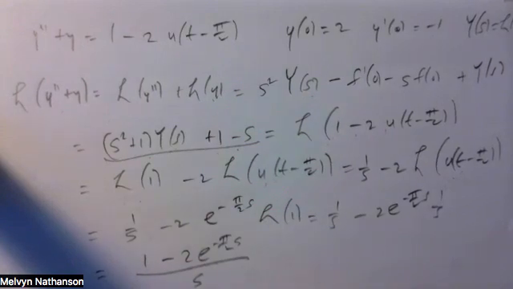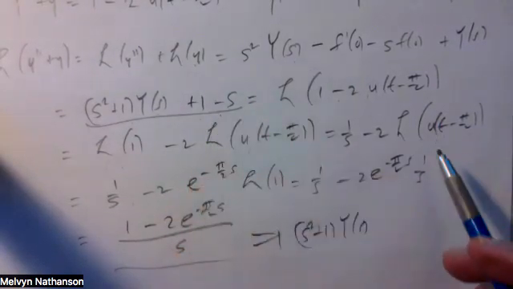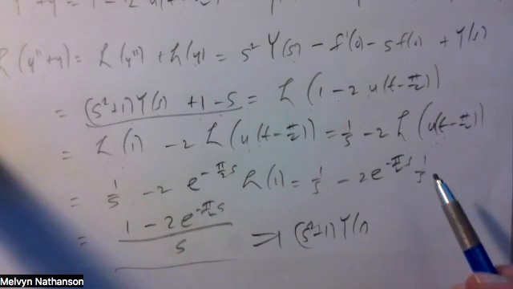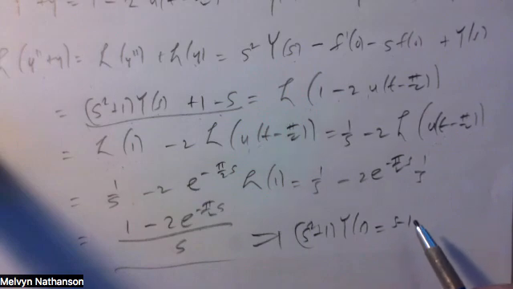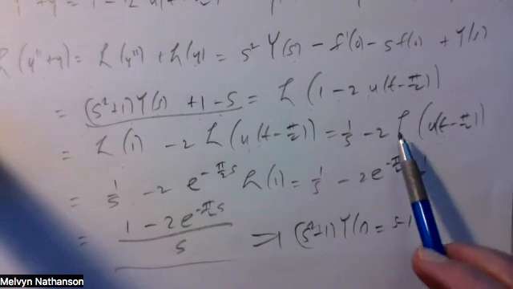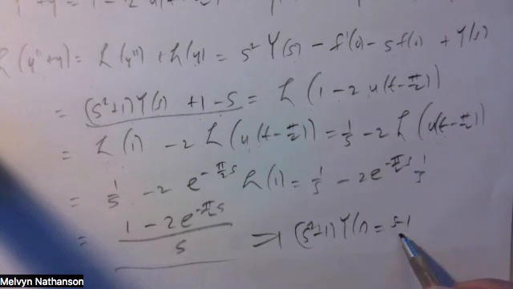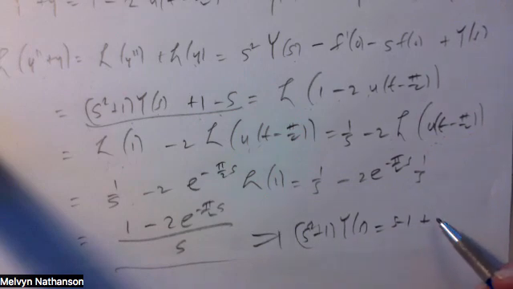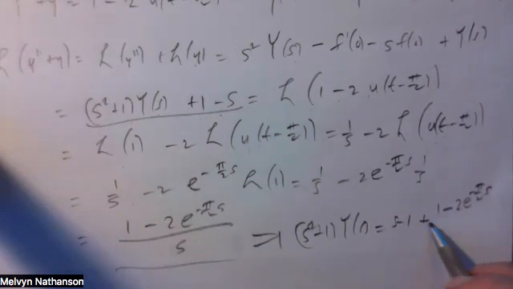So this equals this, which means that s squared plus 1 times Y of s, I bring this over to the other side, is equal to s minus 1, plus this, 1 minus 2 e to the minus pi over 2s over s.